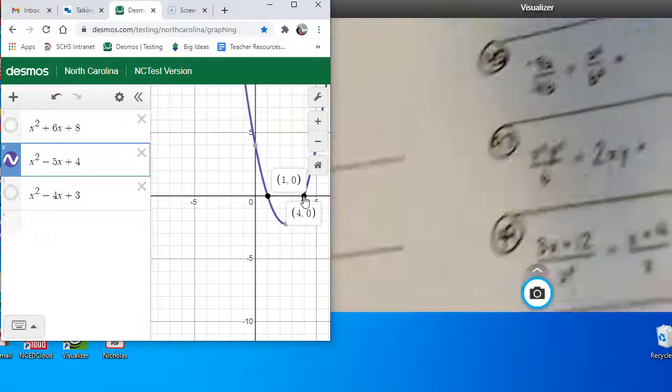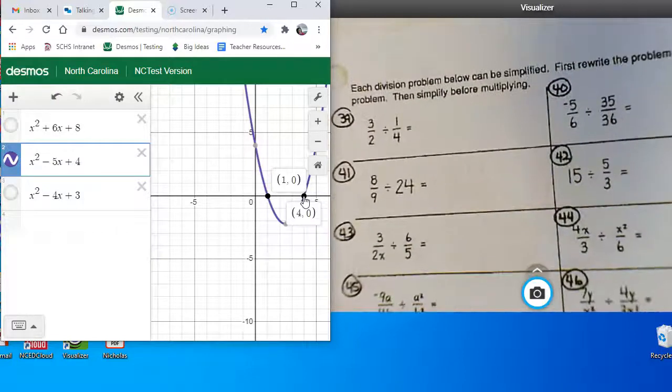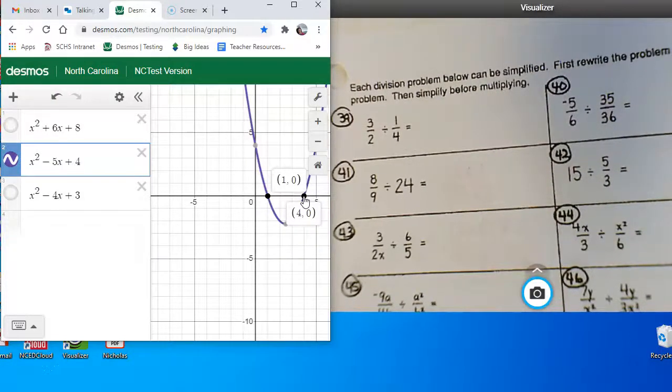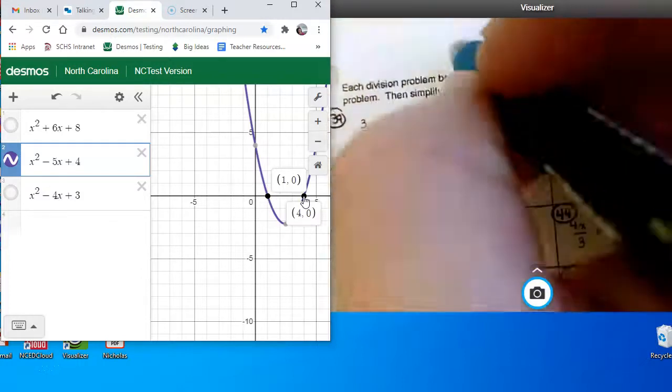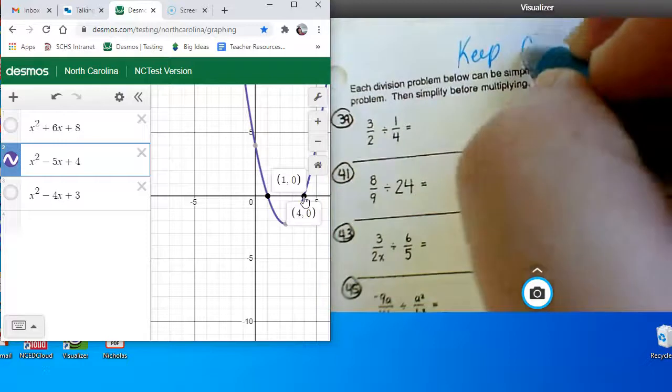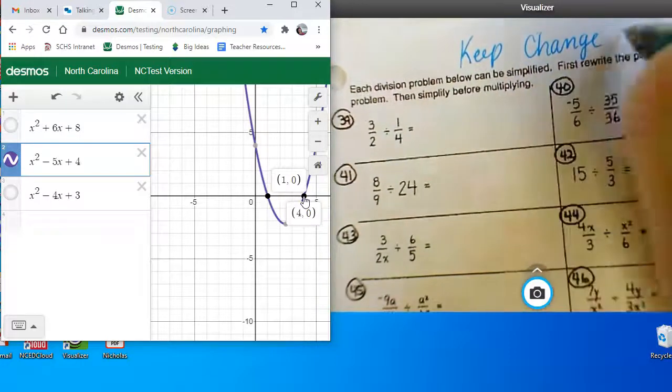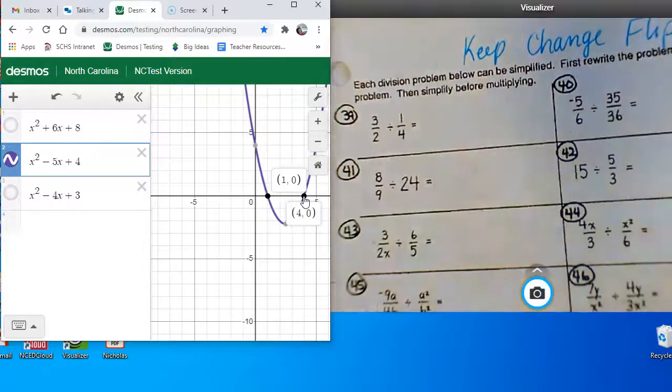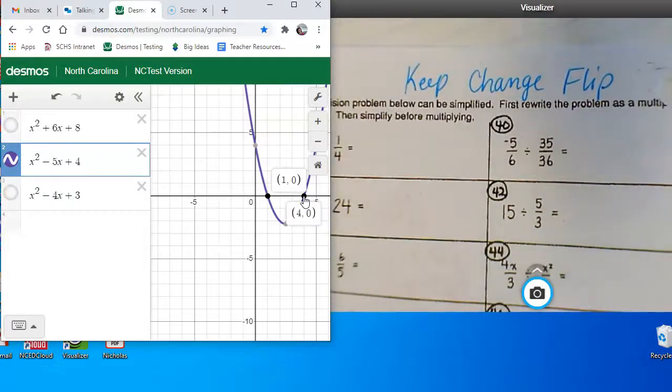Alright, last kind of problem that we need to look at are dividing problems. And the most important thing that you should remember when you're dividing is keep, change, flip. And I'm thinking that some of your middle school teachers told you that when you were dividing. Keep, change, flip.